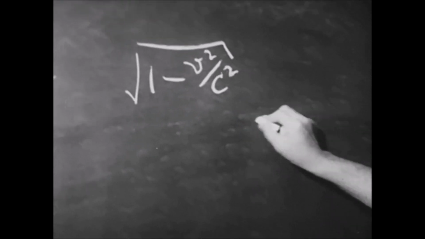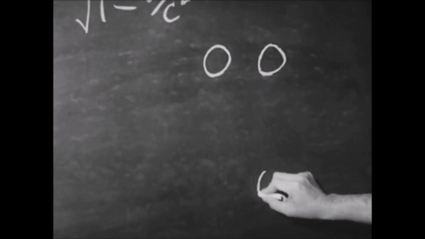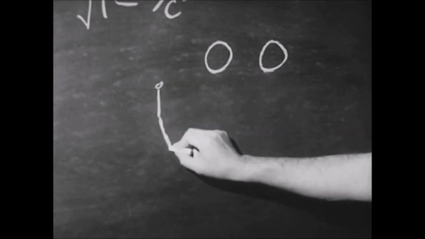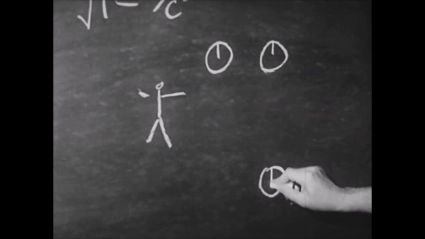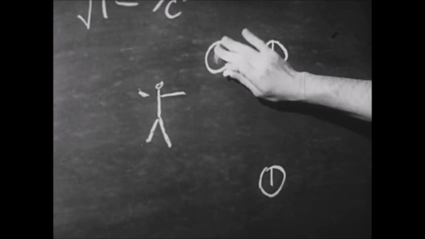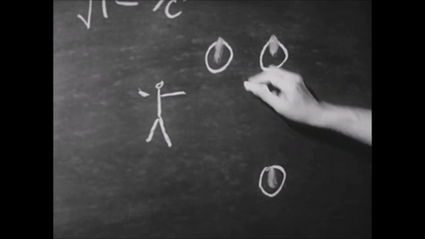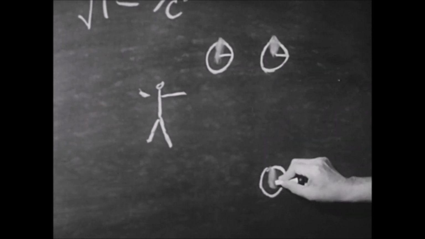For example, if we had 3 identical clocks at rest with respect to an observer, and at one moment they read the same, then of course we expect at a somewhat later time they will all read the same again.